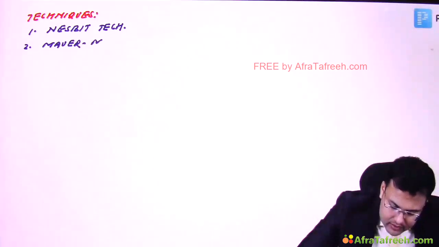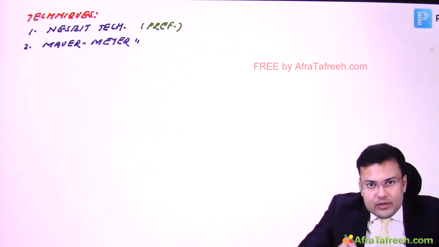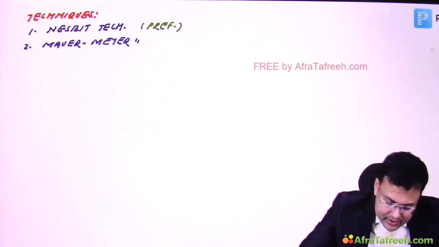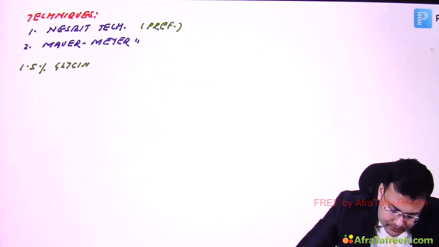And the second is the Mauermayer technique. Which one is preferred? The Nesbitt technique is preferred. Another important point: what is the most commonly used fluid for irrigation? For irrigation we use 1.5% glycine.